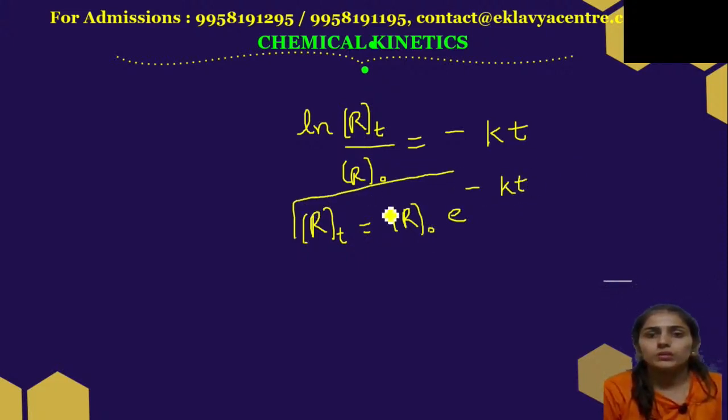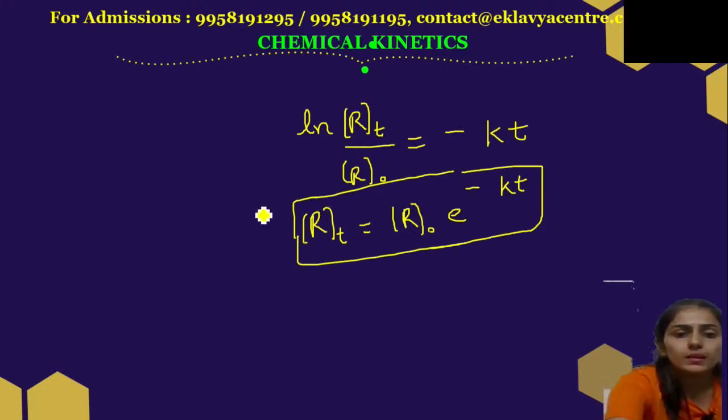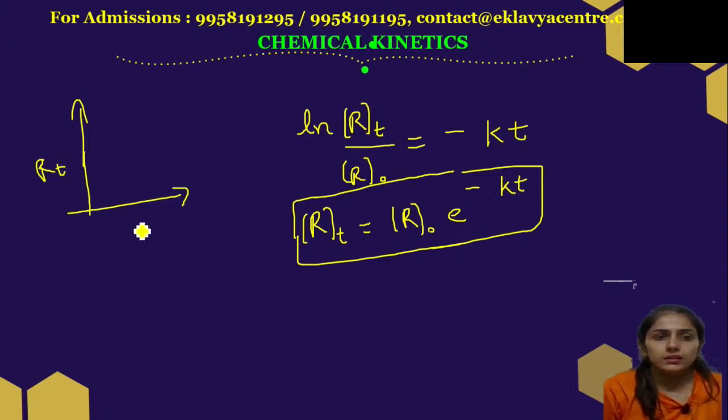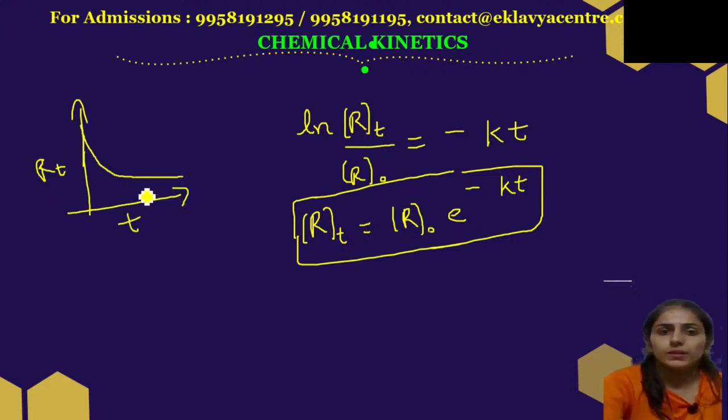If you want to draw the graph of Rt versus t, since it's exponentially decreasing, it will be like this, right?